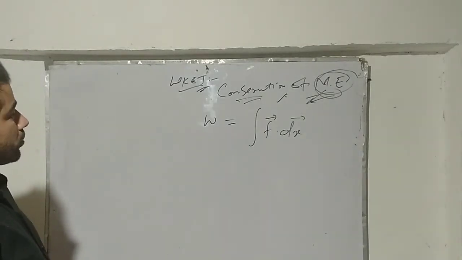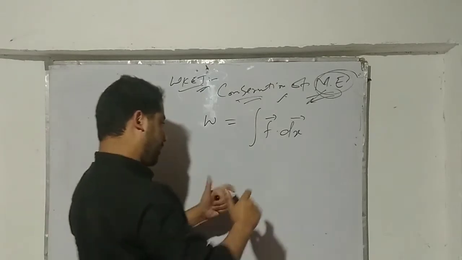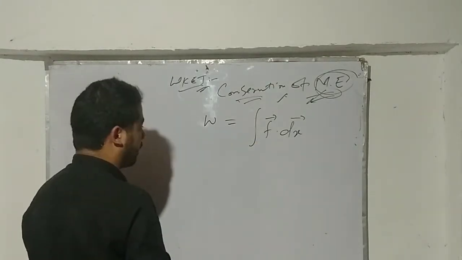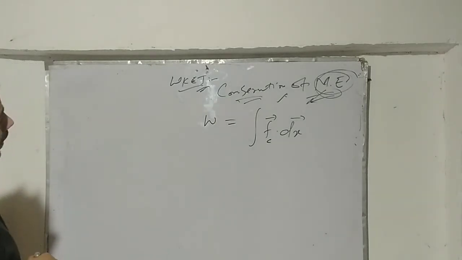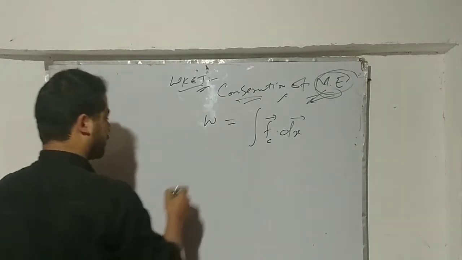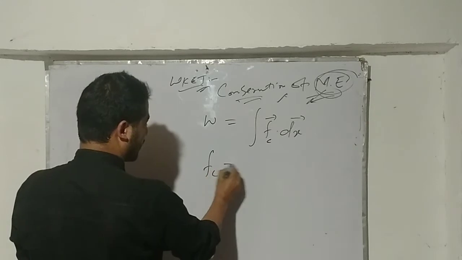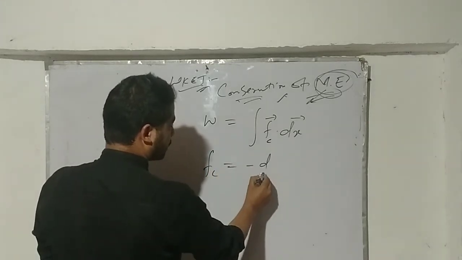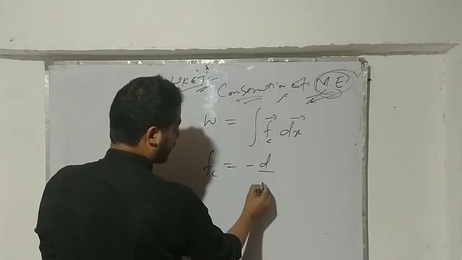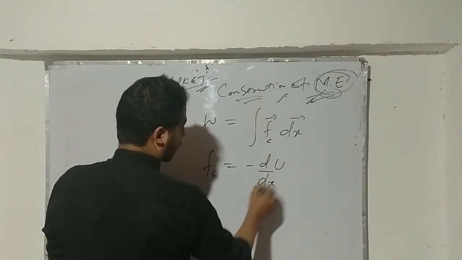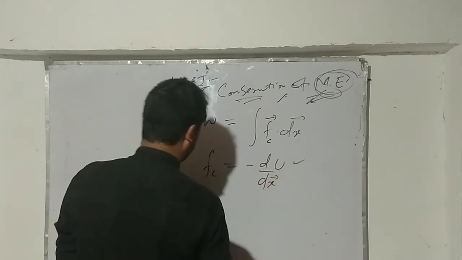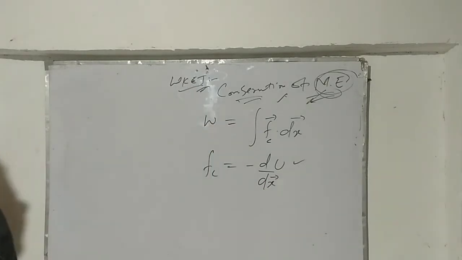But when the forces are conservative in nature, we get one more equation: the conservative force is the negative gradient of the potential, and this is what the conservative force definition is all about.